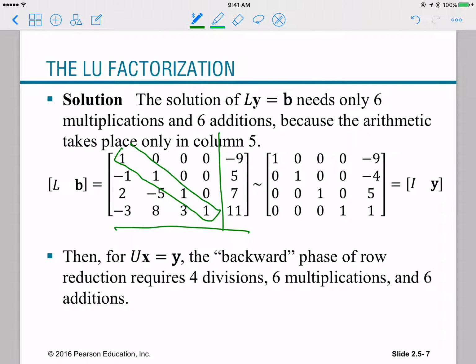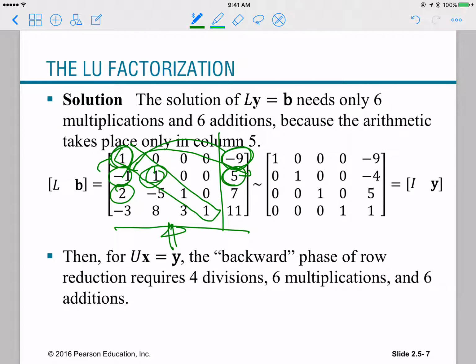From this, let's think about how many additions, multiplications, and so on. In order to obtain the first variable, the solution will be just -9, so we don't need to do anything. But what about the second one? We have to multiply -9 times -1, and then subtract it from 5 in order to obtain the second guy. So 1 multiplication and 1 addition.